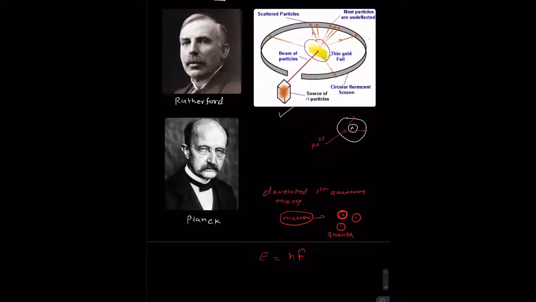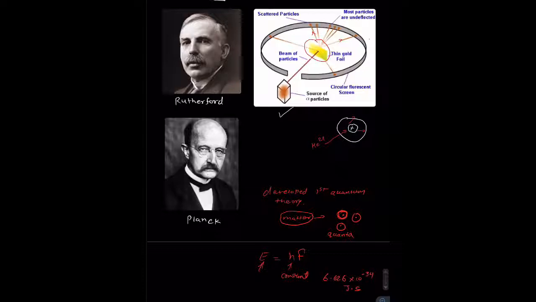E is the energy. h is called the Planck constant, whose value is also essential to know: 6.626 times 10 to the power negative 34. The unit is joule times second. f is the frequency, and the unit is hertz.